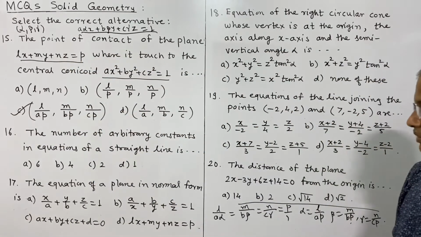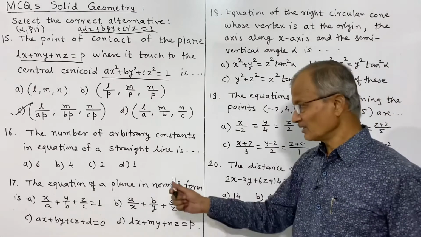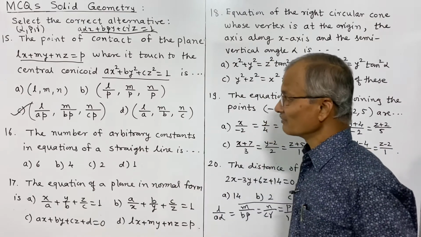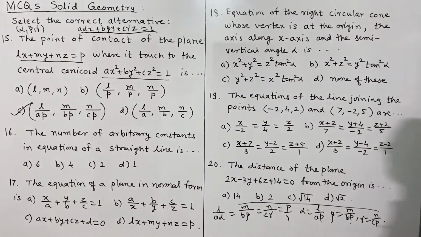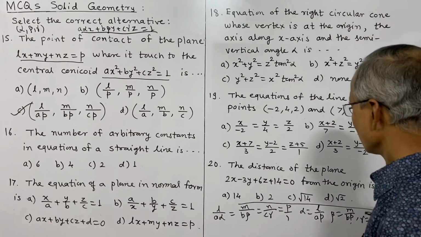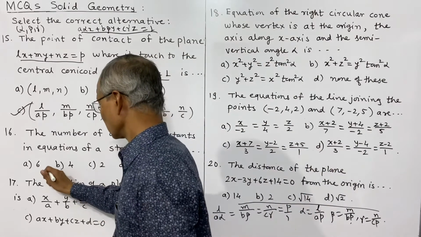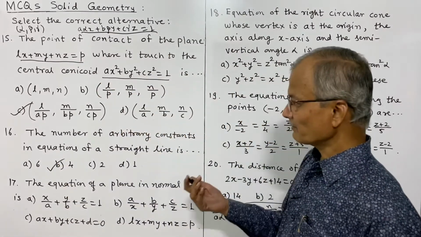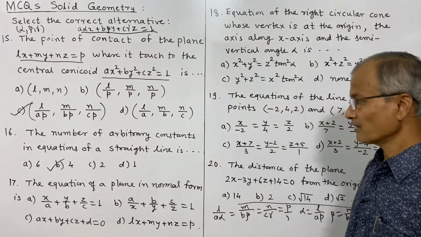Next is the number of arbitrary constants in equations of a straight line, and we have studied this. The line is considered in symmetrical form. If the line is considered in this type of symmetrical form, then it has 4 arbitrary constants, that means any equation of a line in 3 dimensions has 4 arbitrary constants.